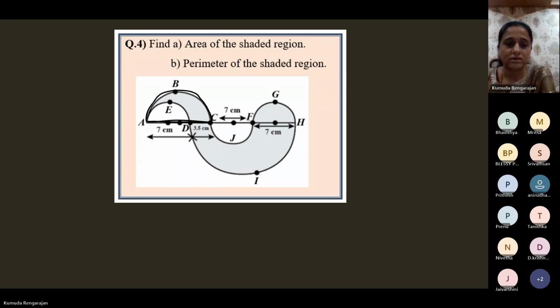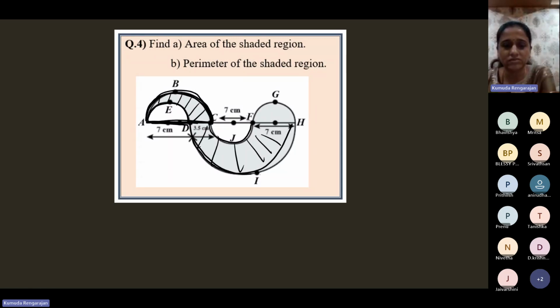The formula, pi r square by 2, or half into pi r square, is the area of this semicircle, minus the area of this semicircle, again half into pi r square, and this diameter is 7, so 7 by 2 is the radius. The area of this semicircle minus the area of this semicircle will give you the area of this shaded region. So you should be careful in finding the diameter and then the radius.